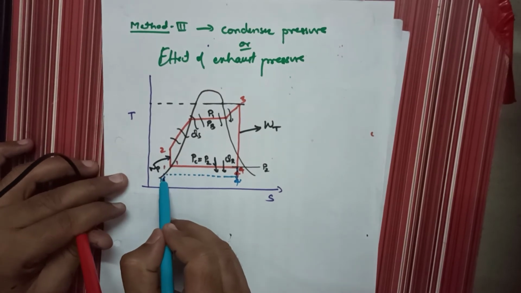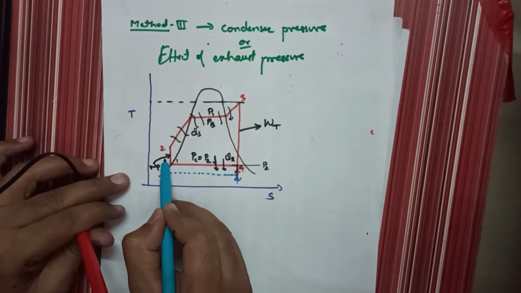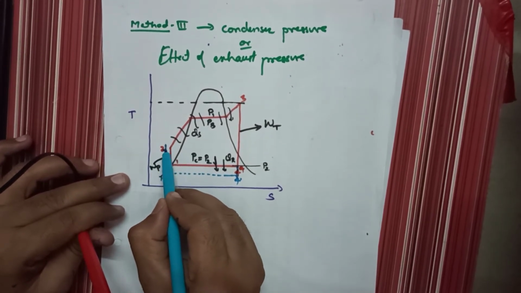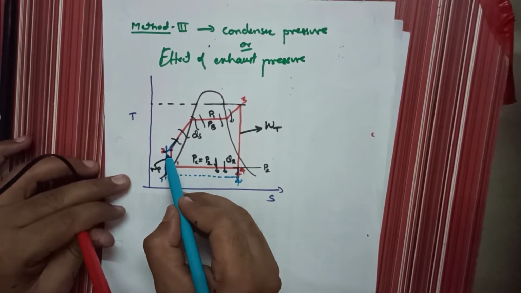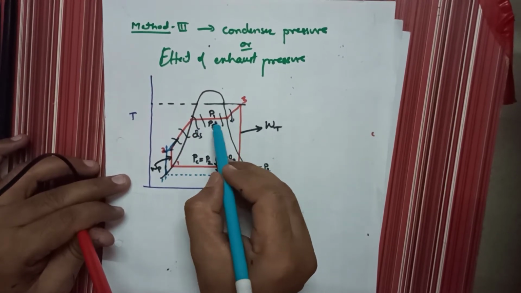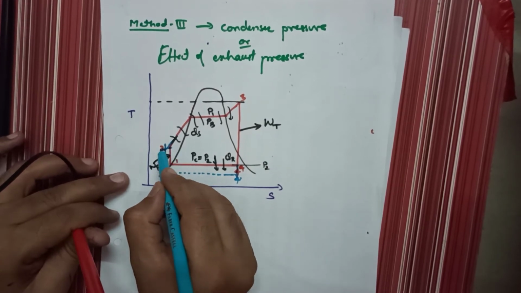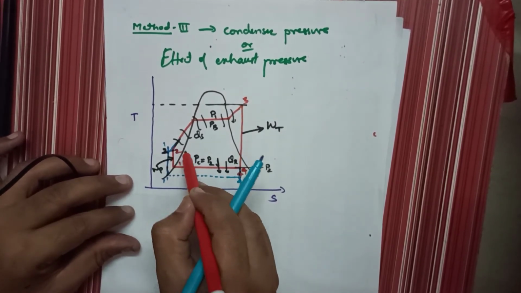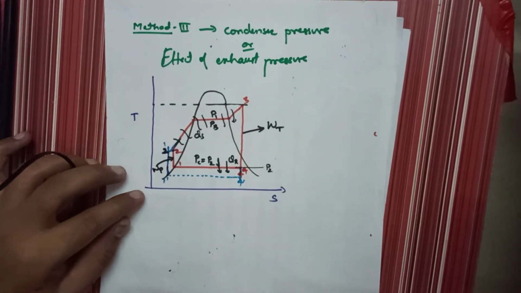Now 1 dash I will extend, and stop here only. I will join this line. Why am I joining this line? The boiler pressure is constant, I should not change the boiler pressure. So 1 dash, this is 2 dash, this is 2. 3 and 4 will remain the same.